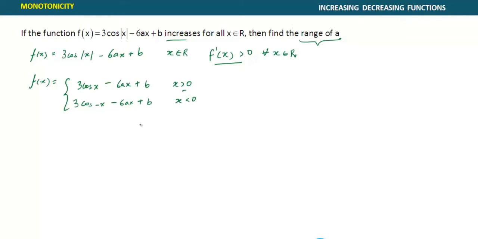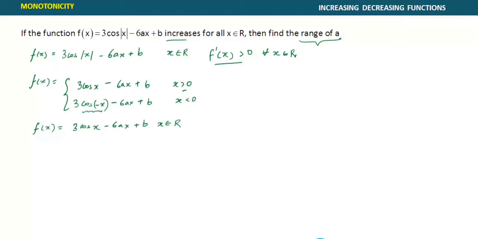In fact, you will include 0 here. Now interestingly, we know that cos minus x is nothing but cos x. So can you see that these two are the same functions? So in fact, there was no need to put a modulus sign here. You can just replace this by x only. This is the crux of this particular problem. So this will behave like this for every value of x belonging to R.